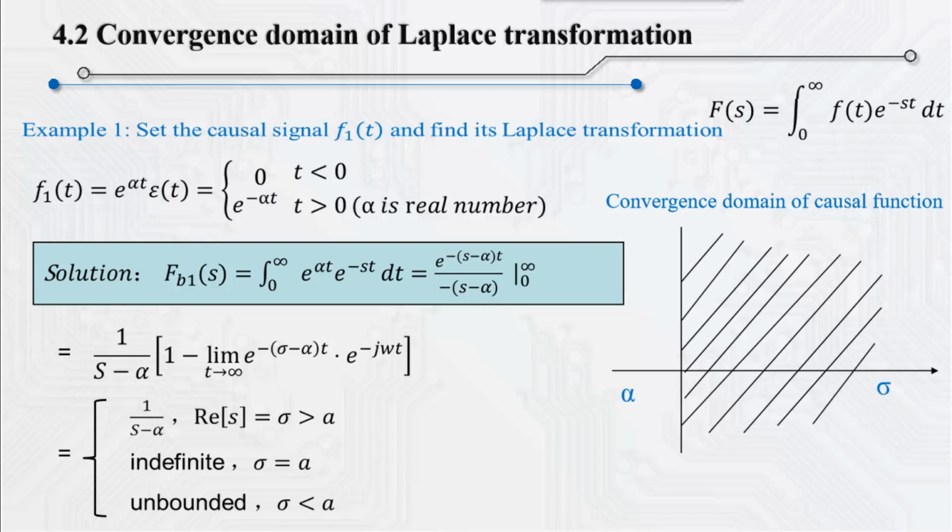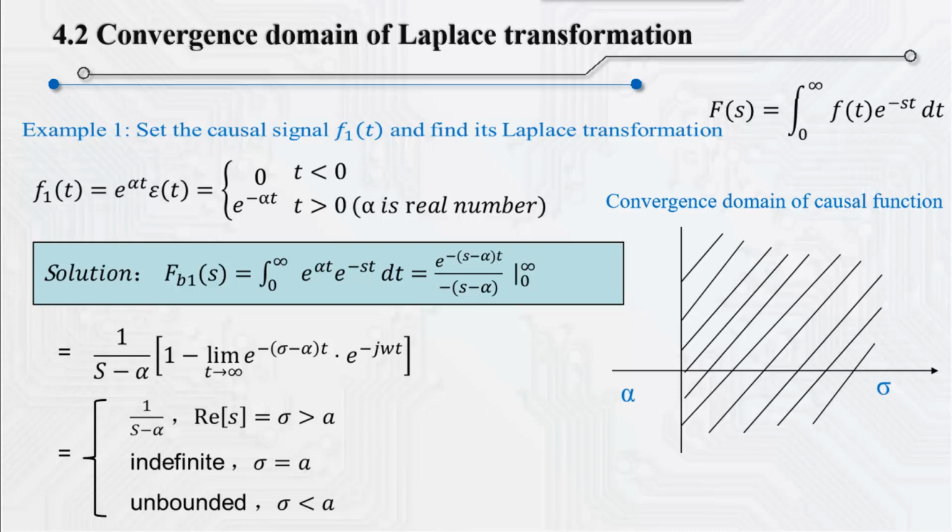Let's discuss it now. First, when delta is greater than alpha, e to the power of negative (delta minus alpha) t tends to 0 as t tends to infinity, and e to the power of negative j omega t is an indeterminate number of finite values. So F(s) equals 1 over (s minus alpha). F(s) is an indeterminate value when delta equals alpha.